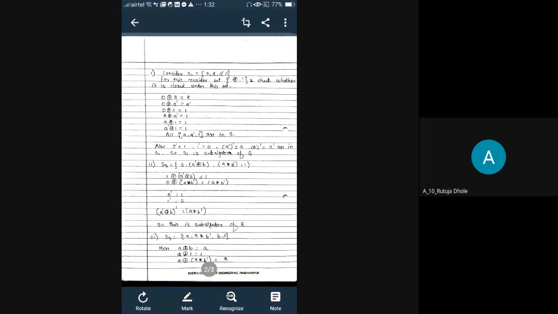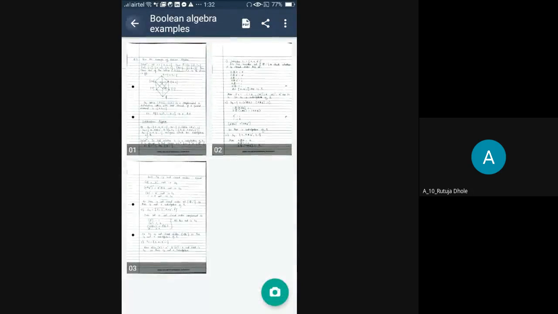So 1 XOR A's complement XOR B. What will be the answer for this first XOR operation? Just look at this diagram and tell me the answer.